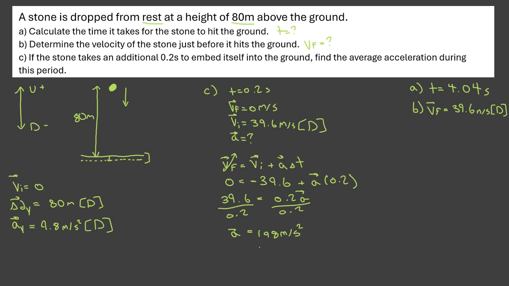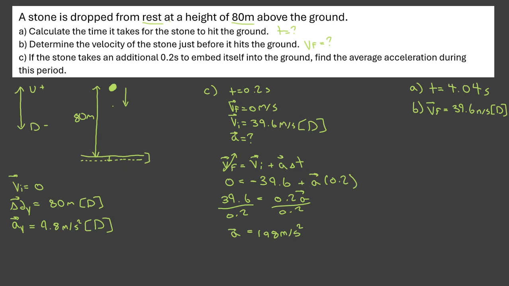One interesting thing is that this will actually be a positive value, which makes sense. Because our stone is falling, but during this 0.2 seconds, the velocity is slowing down from 39.6 meters per second to 0.